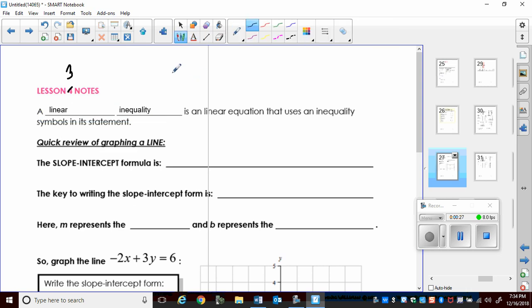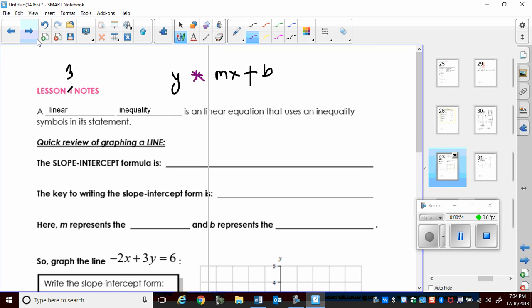So we have our dependent variable y, we have our slope, we have x, the independent variable, and we have a y-intercept. This is our y-intercept. The only difference is we're dealing with an inequality, so we have more than one variable.